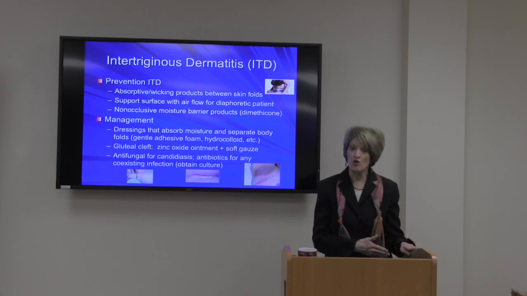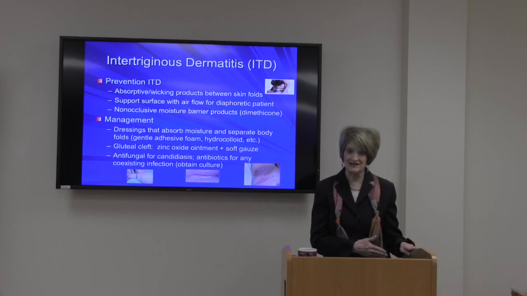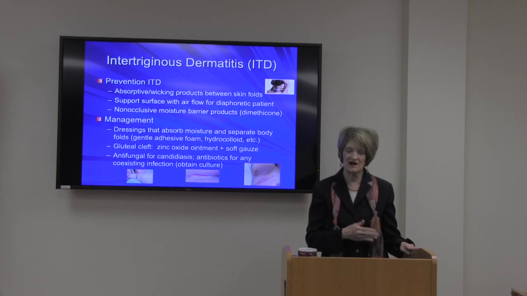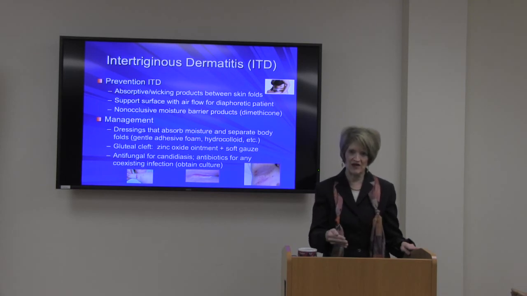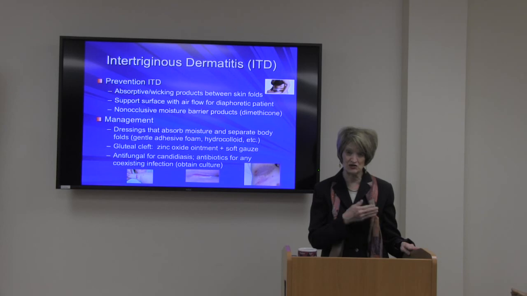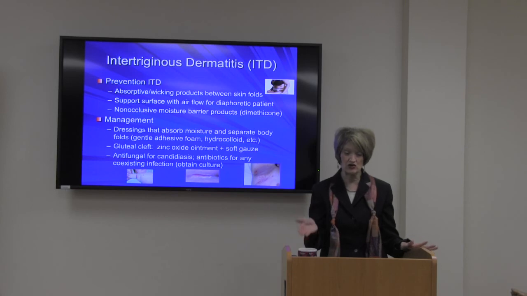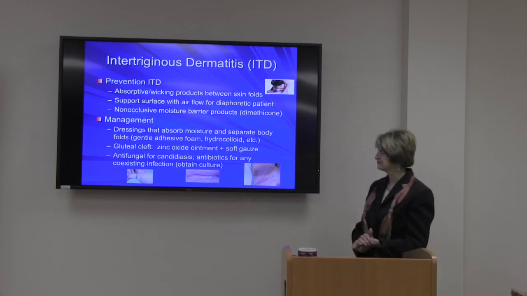So petrolatum works with IAD because you're putting a barrier between the skin and the moisture. Zinc oxide works with IAD. But with ITD, the moisture is coming from inside out. So what you want to do is use something that lets moisture evaporate. So if you have to use a moisture barrier, use one that's dimethicone based.